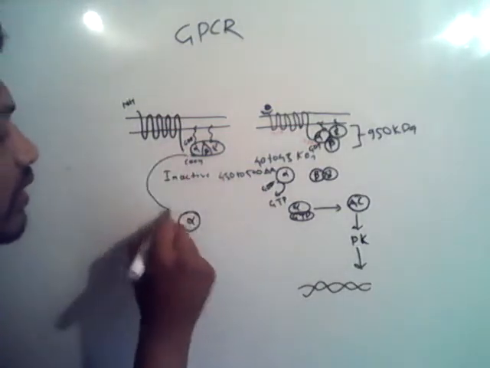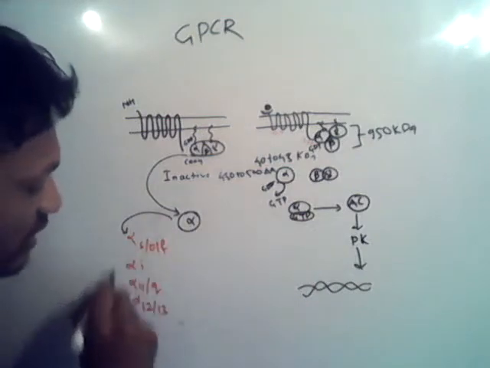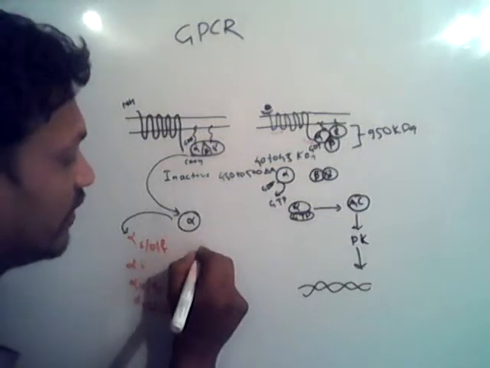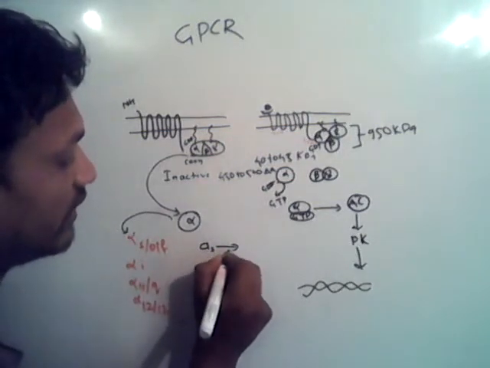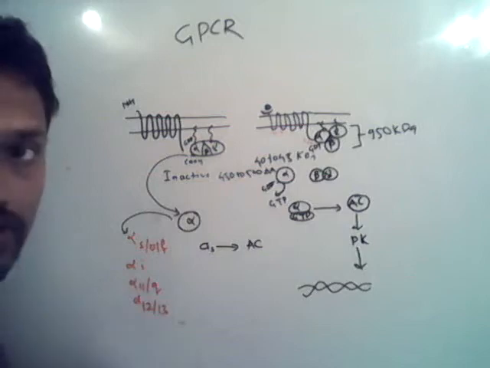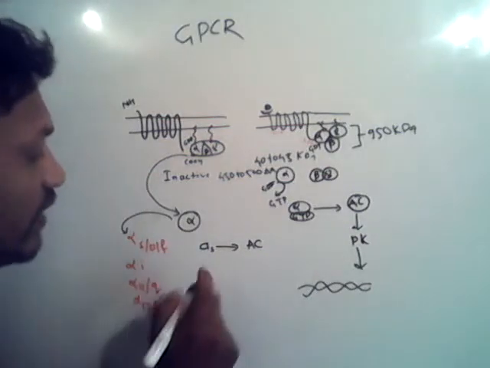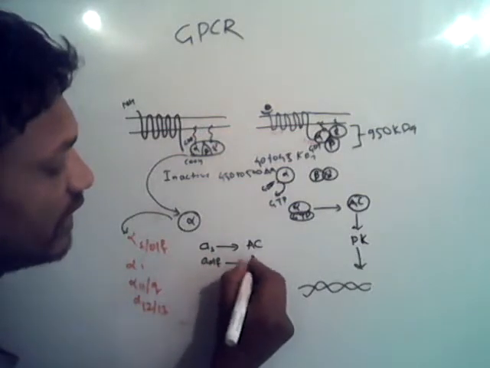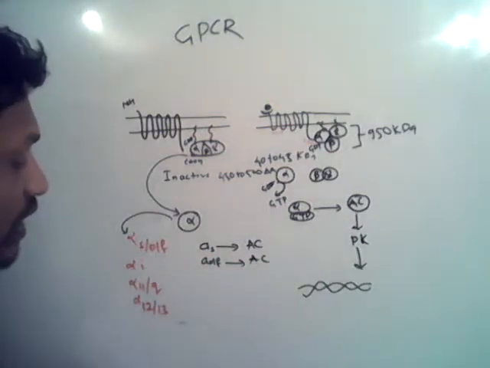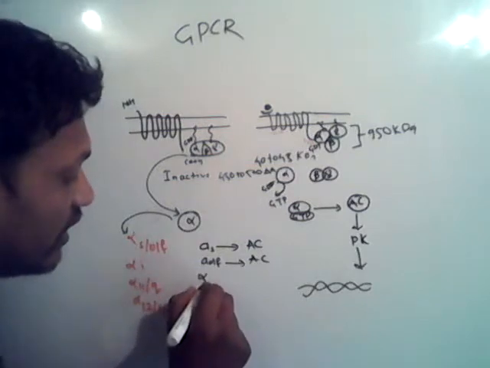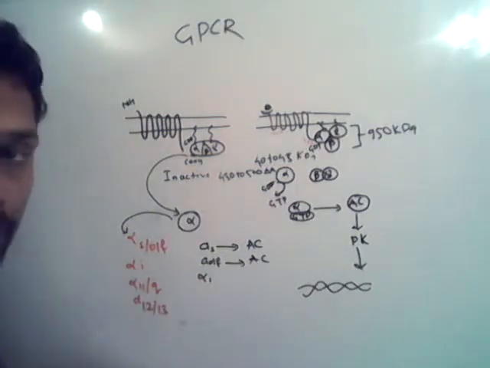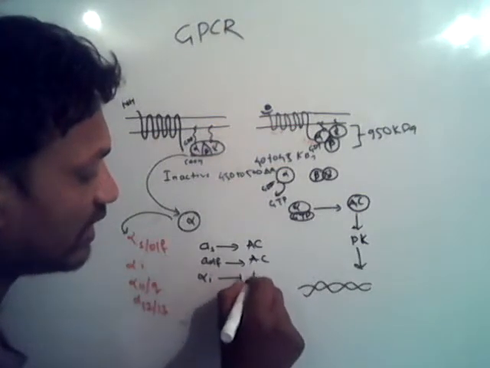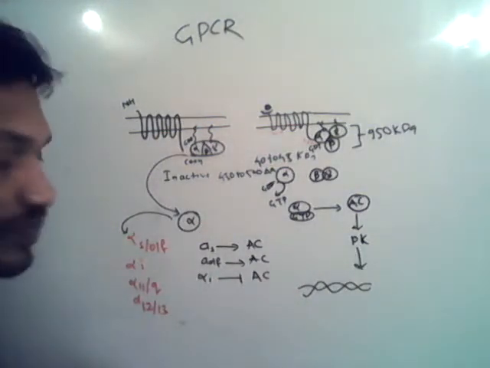For example, this is the alpha subunit, which is further categorized into 4 different forms. If it contains stimulant alpha, it activates adenylyl cyclase. Okay. If it contains alpha OLF, it also activates adenylyl cyclase. Now, if it contains alpha inhibitor, it inhibits adenylyl cyclase.